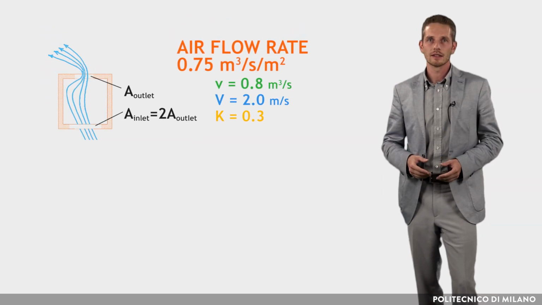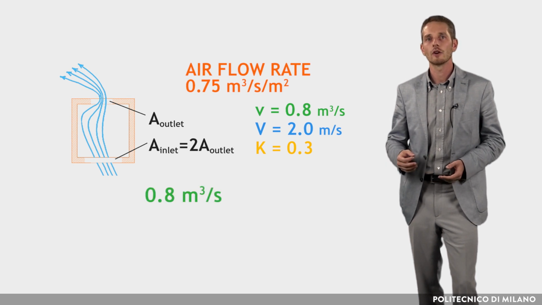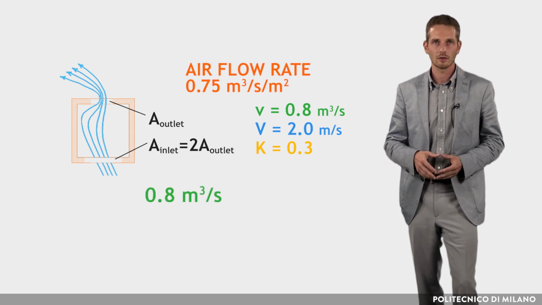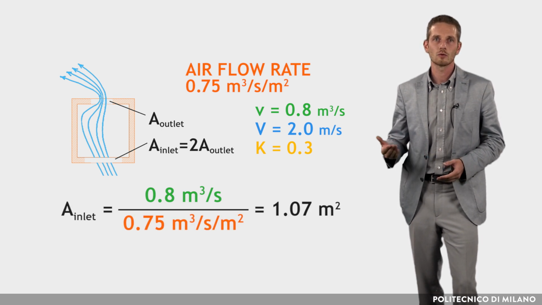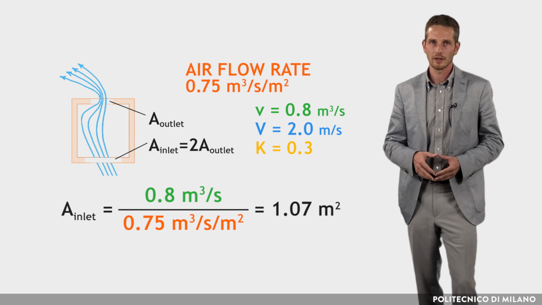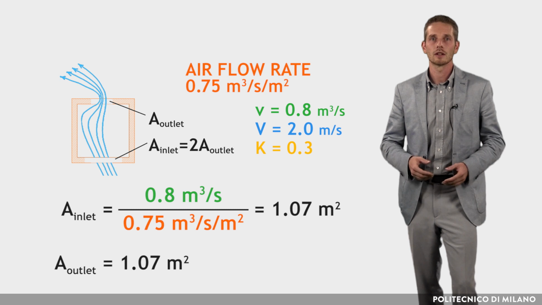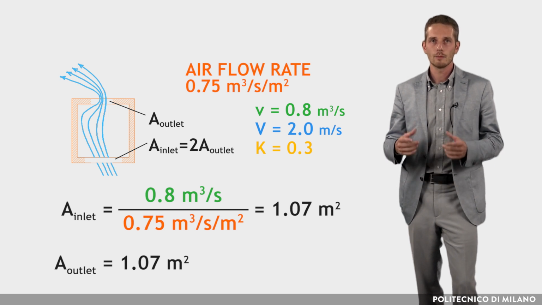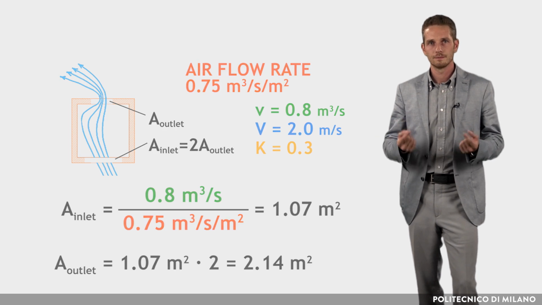It means that if we want to ensure a total airflow rate of 0.8 cubic meters per second, we must divide it by the read value in order to obtain the smaller opening area. The bigger one, in this case the inlet opening area, will be given by the smaller net opening area times the ratio between the two.